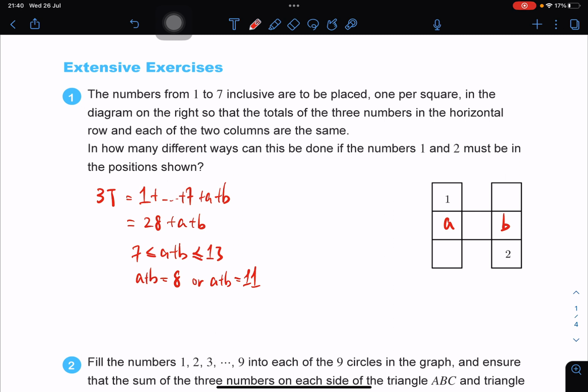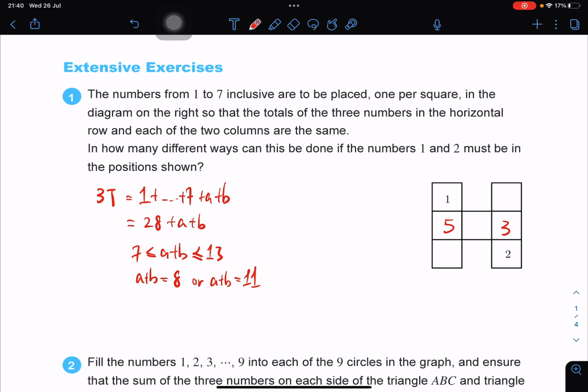So let's say if A and B add up to 8, now we know that it can't be 1, 7, it can't be 2, 6, because 1 and 2 are already used, so it can only be 3, 5, right? And if it is 3, 5, I can put a 5 there and a 3 there.